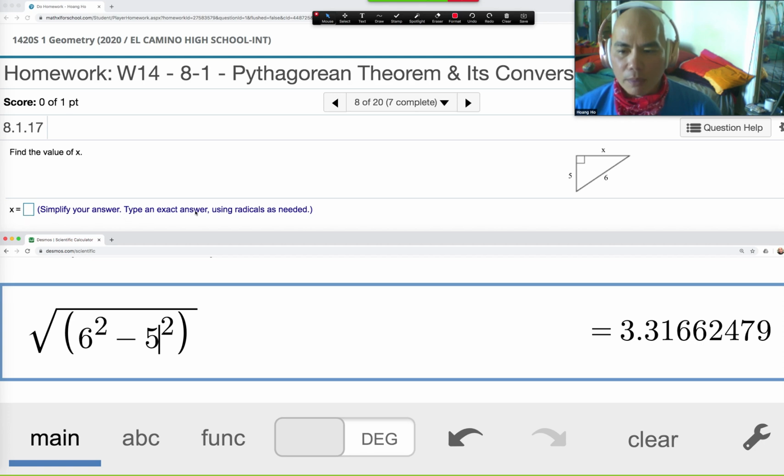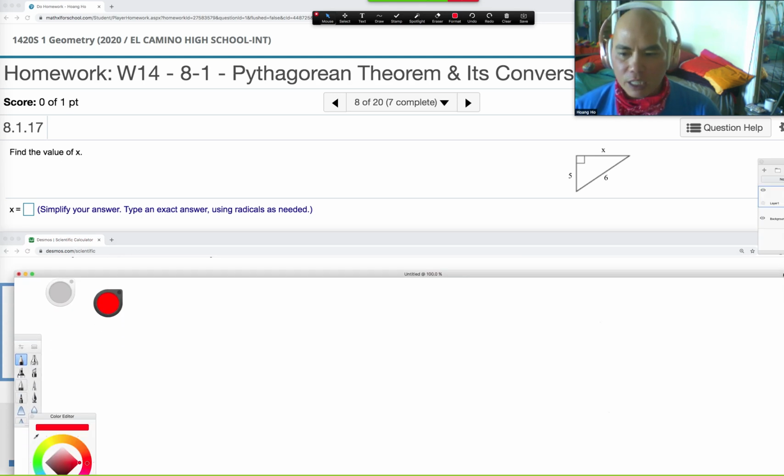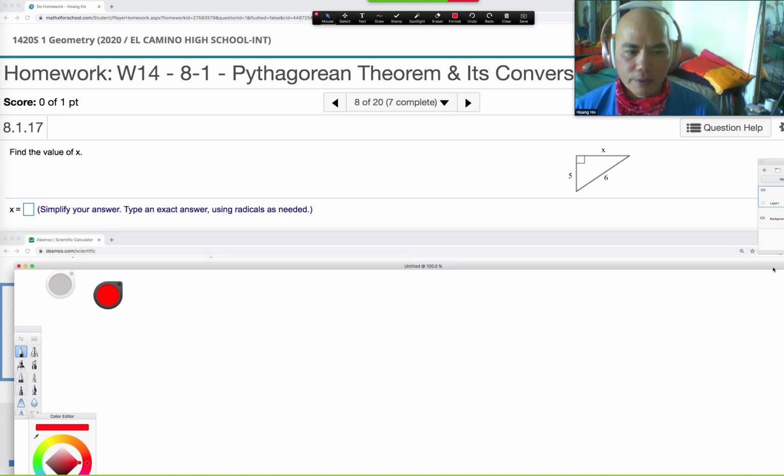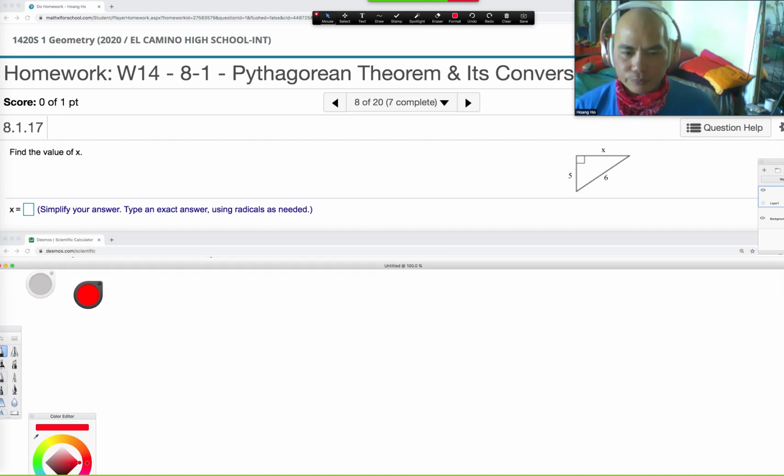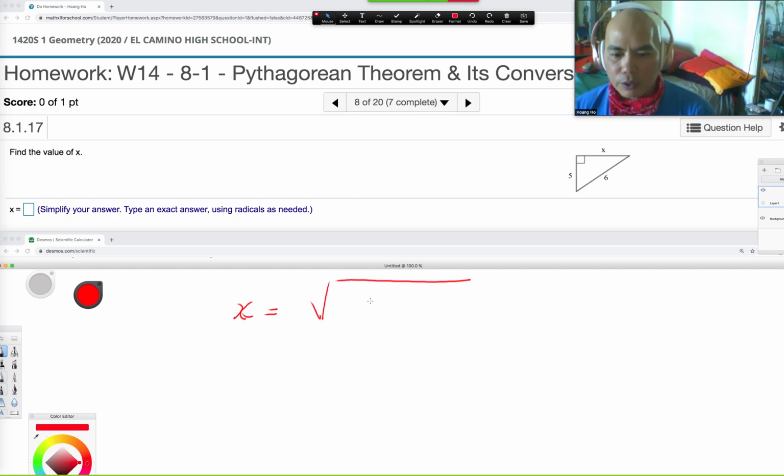But look at the requirement for the answer. They said they want the exact answer. So in this case, you cannot use the calculator. So I just use my sketchbook over here. It's like you use your paper, and I just do it manually, and I simplify my answer. So x should be equal to square root of hypotenuse squared, which is 6 squared, and I subtract 5 squared. 6 squared happens to be 36.